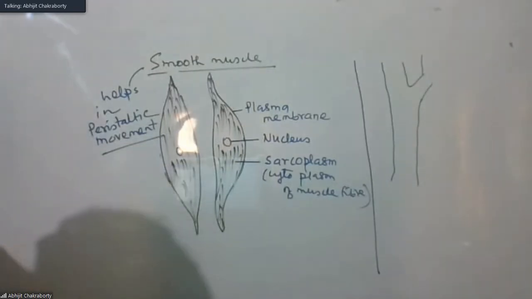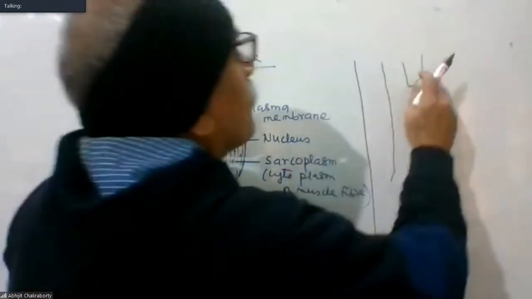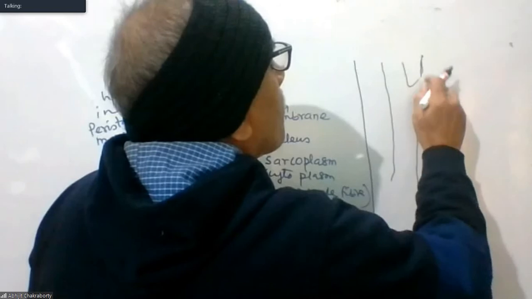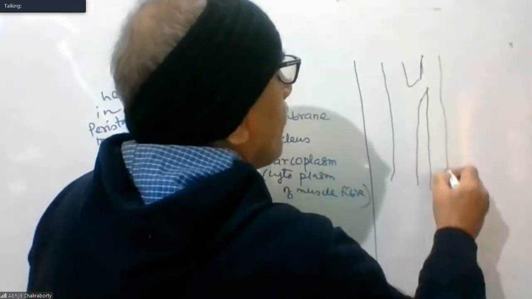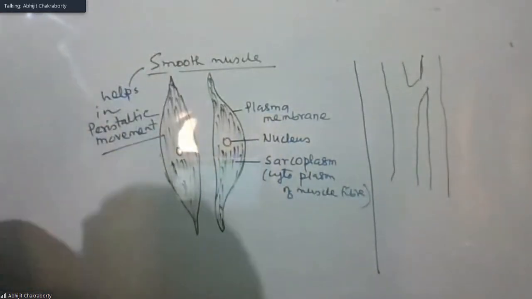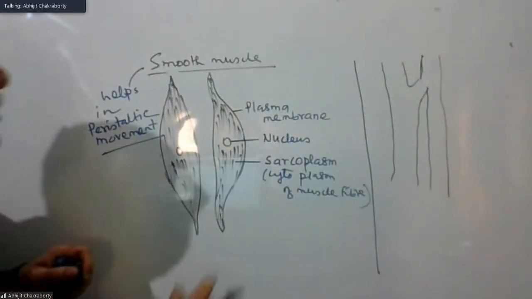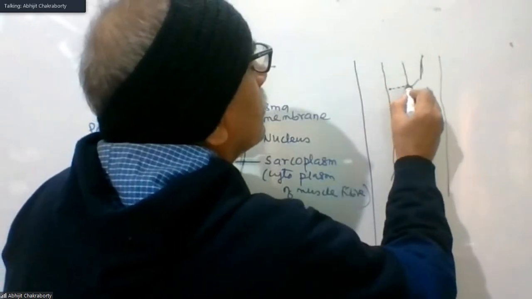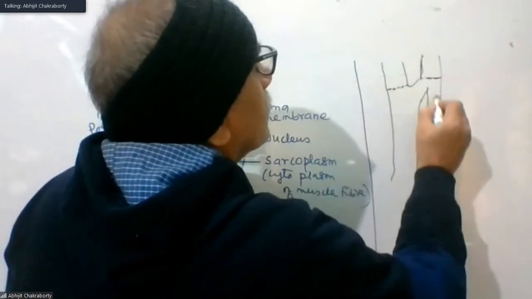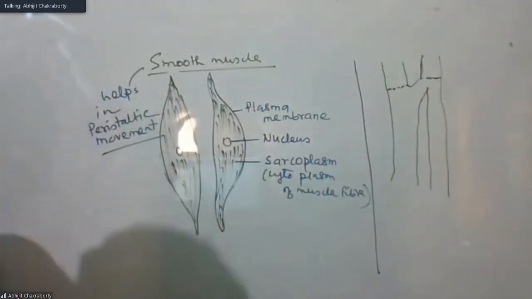In this way, they are found to be connected, and here you will get some disc-like structure so that it appears like a single fiber.